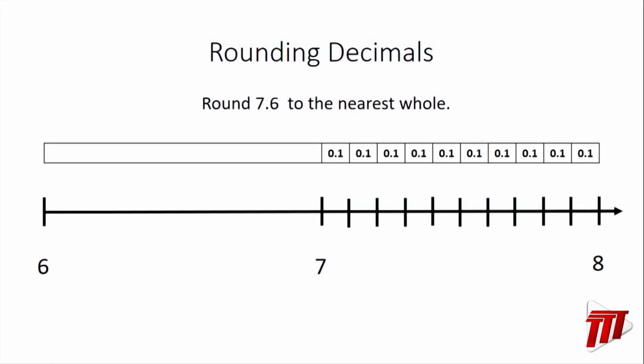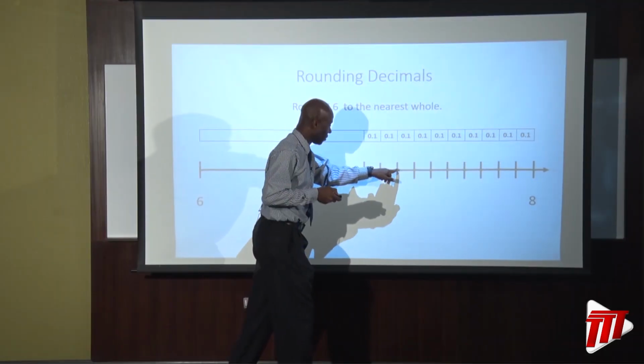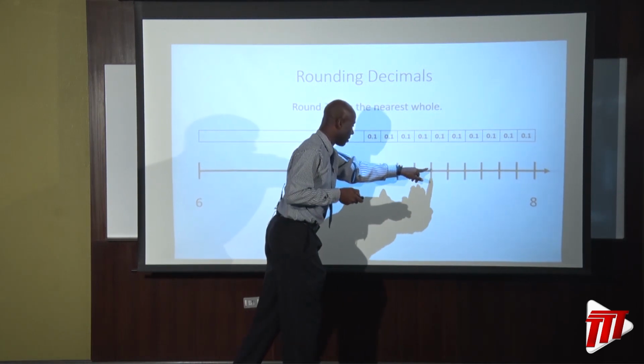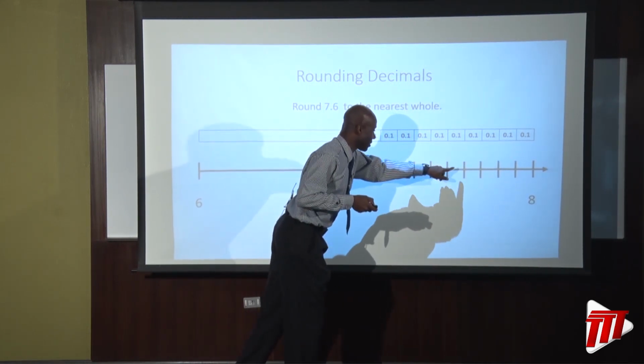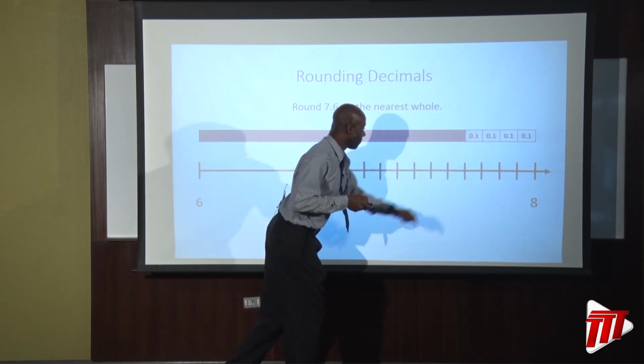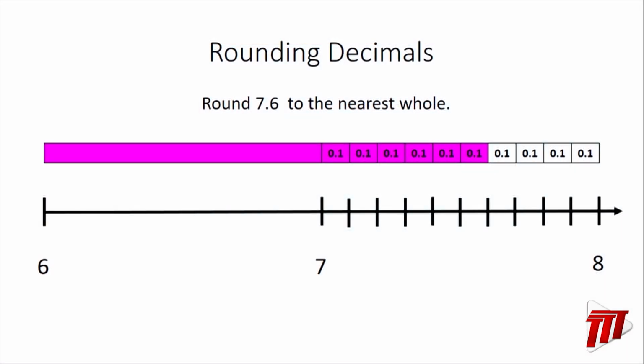So we have divided that distance into tenths. Let us determine where 7 and 6/10 is going to be. 1/10, 2/10, 3/10, 4/10, 5/10, 6/10. So 7 and 6/10 is going to be located right there.